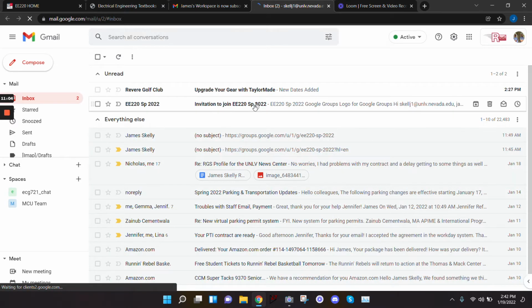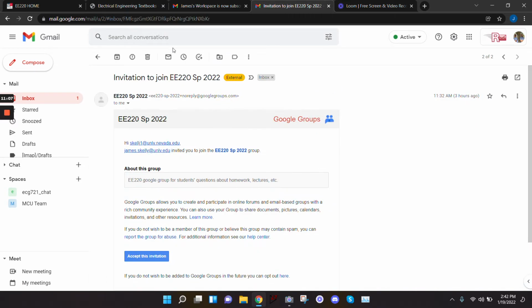This is what the invite should look like. It should say invitation to join EE220 Spring 2022. So if you want to go ahead and search that in your UNLV inbox, it should be there. If for whatever reason it's not, email me and let me know, and I'll send you an invite at whatever email. It should be there, though, because I sent it to everyone who's on the roster. So check before you email me, please.